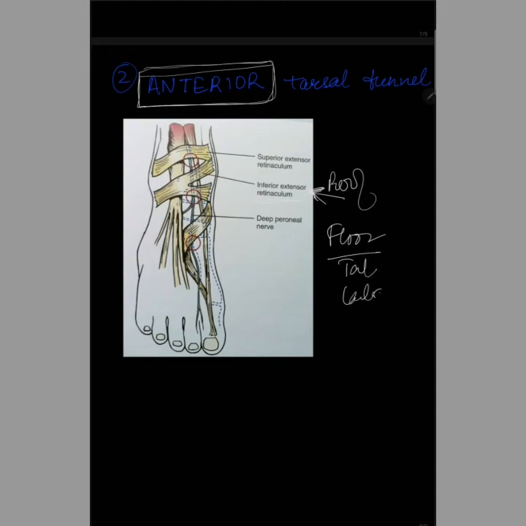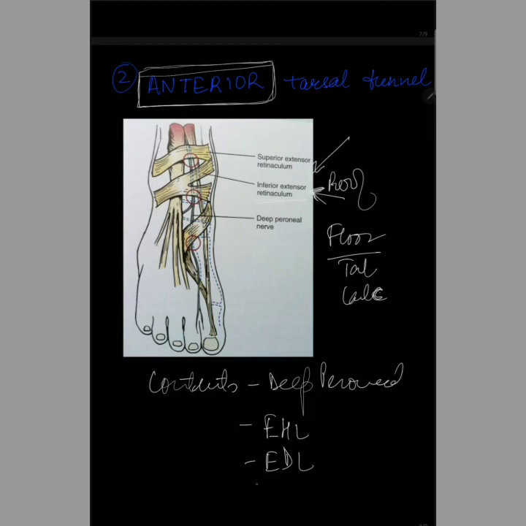Almost the same boundaries, just the roof is different. It contains the anterior structures, mainly the deep peroneal nerve, the tendons of extensor hallucis longus and extensor digitorum longus, and one artery known as the dorsalis pedis artery.